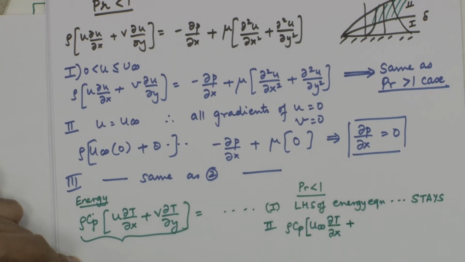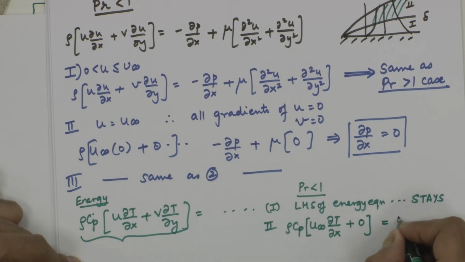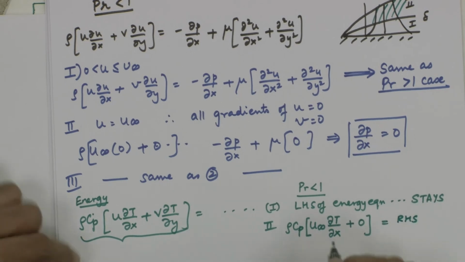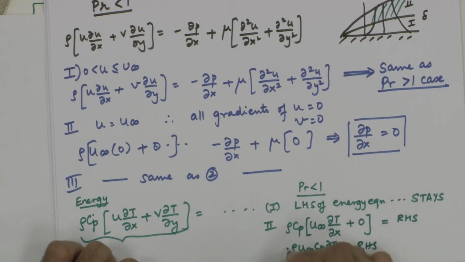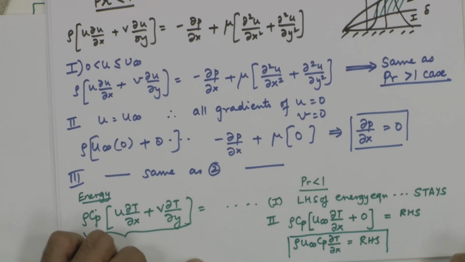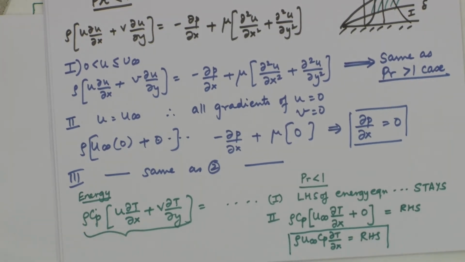Now, look at this. v is 0 in region 2, so this term will vanish, and the right hand side will also have several simplifications. I am just trying to highlight a very important thing here. I have got one simplification already on the left hand side. I have not gone to the right hand side.